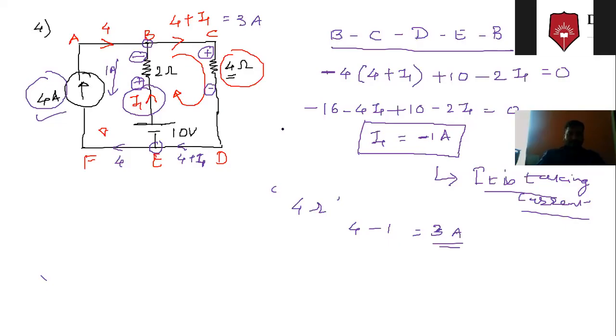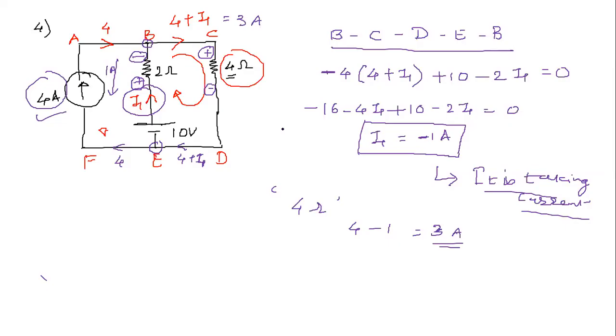In the next lecture, we'll take a 3 loop problem. Though from our syllabus point of view, don't worry, we want to know whether we can apply it for 3 loops and whether it will be easy. Generally 3 loop problems are difficult to solve, so we'll try to solve one in the next lecture.